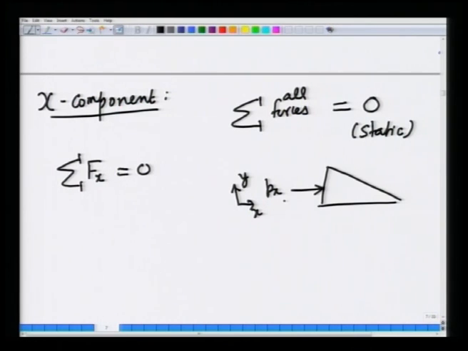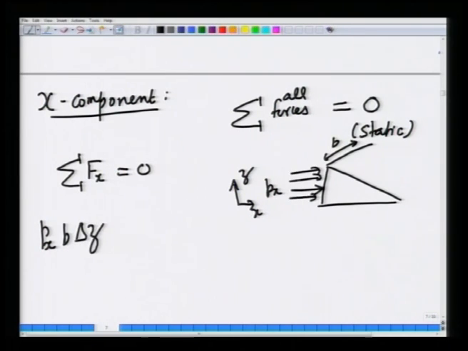Along the plus x direction you have the force P x times the area, which is b, into the board, times delta z. This is the force in the plus x direction on this face, and then you have this normal force P n.